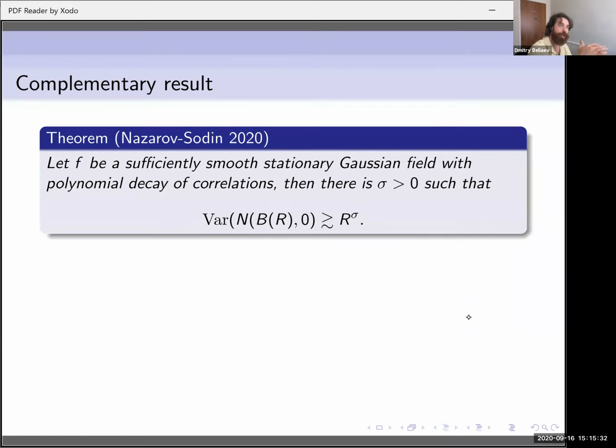behaves, well, there is a lower bound, a polynomial lower bound. So kind of it's complementary, because they get a weaker estimate, but their assumptions are much weaker, and also they work with nodal domains, and we mostly work with generic levels.